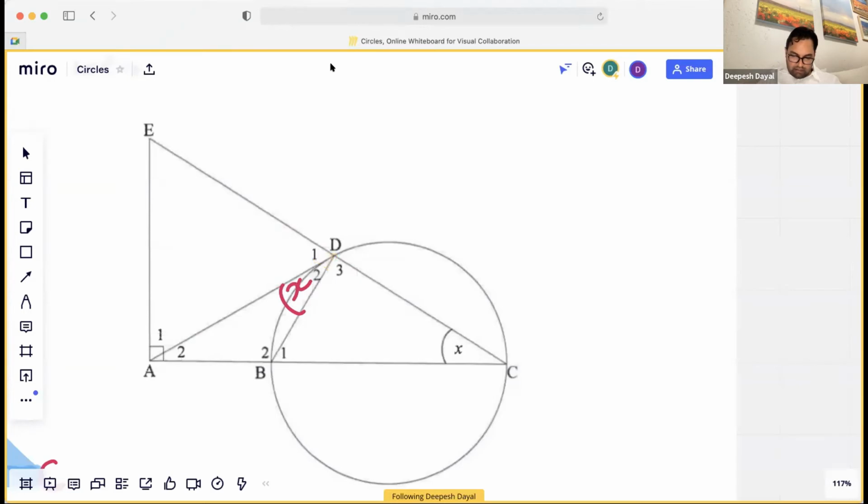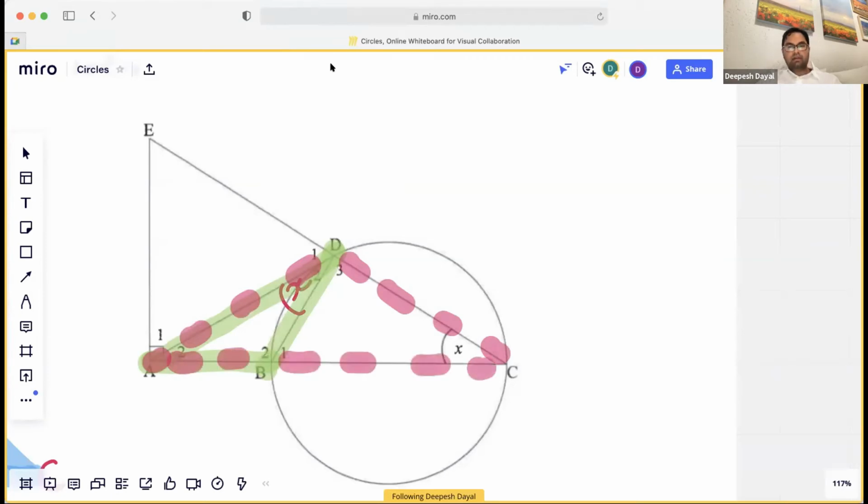Okay, let's do that. So ABD, right, and ACD. So we've got two triangles there, ABD and ACD, right?